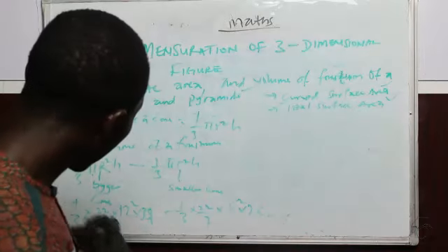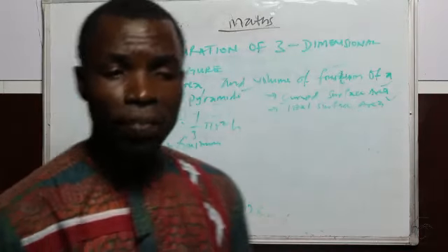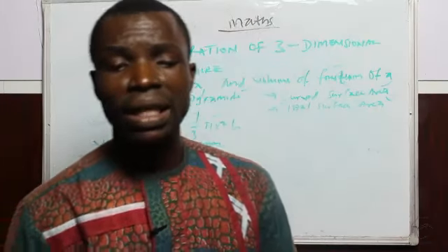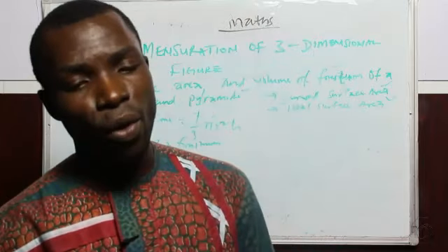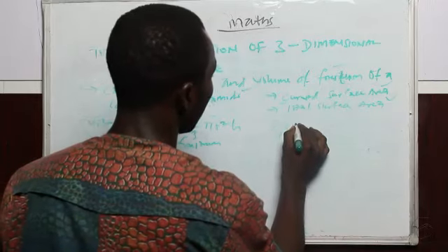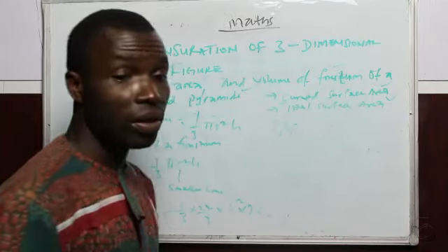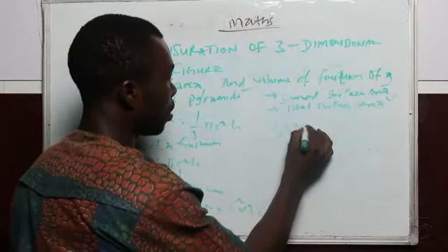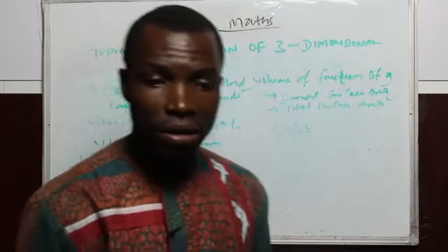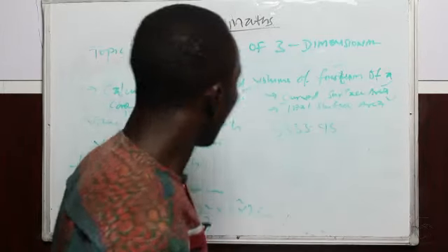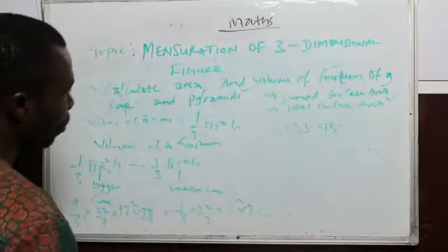Now, the volume of the bigger cone is given to be 5,883.43. Check your calculator. 5,883 point what? 43. Good. Minus what is the volume of the smaller cone?